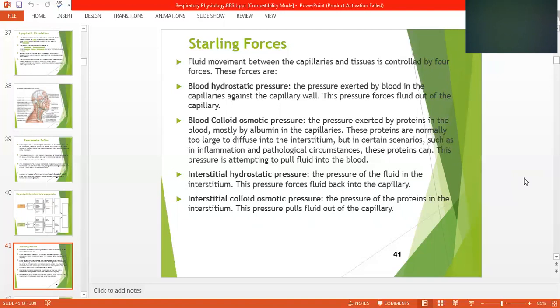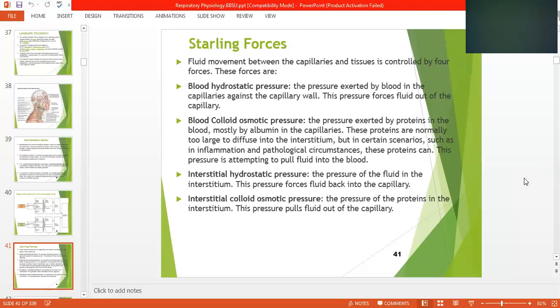Hydro means water, right? So it means liquid, that is the blood. And blood colloidal osmotic pressure means the solid part. The pressure exerted by proteins, which are the solid part in the blood, mostly albumin, in the capillaries. These proteins are normally too large to diffuse into the interstitium, but in certain scenarios, such as inflammation and pathological circumstances, these proteins can.